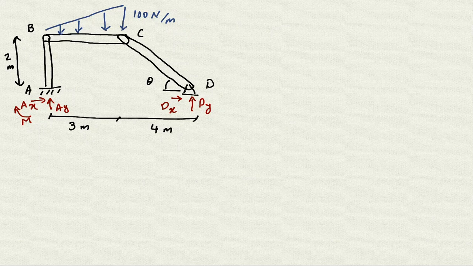Because we cannot find the reaction the way it is at first, I'm just going to disconnect it into all the members. So I'm going to disconnect it into the AB, so it's going to be member AB. So that's the AB. And then we have the member BC.